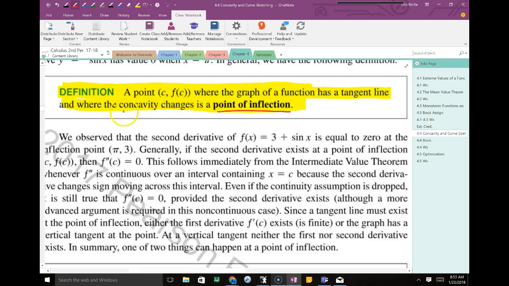So if you want to just say concavity changes, it's got to go from a positive to a negative concavity or vice versa.